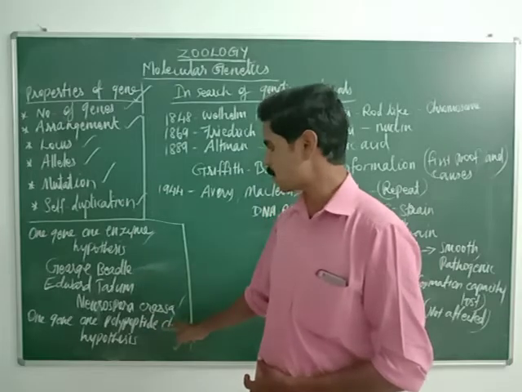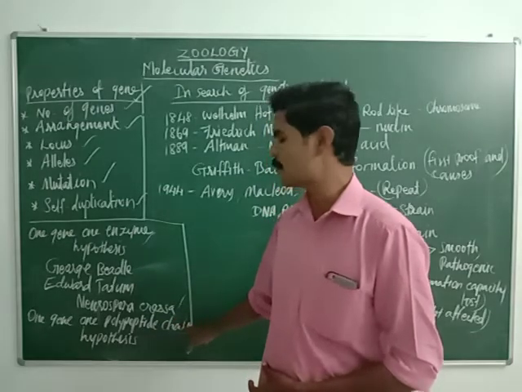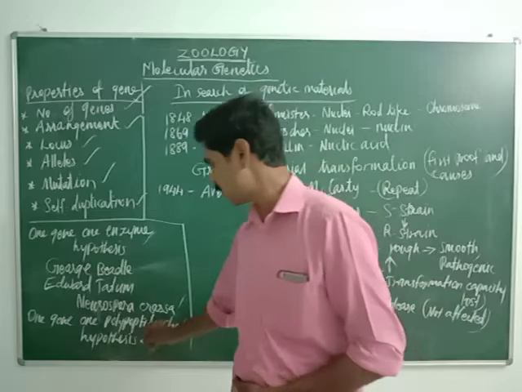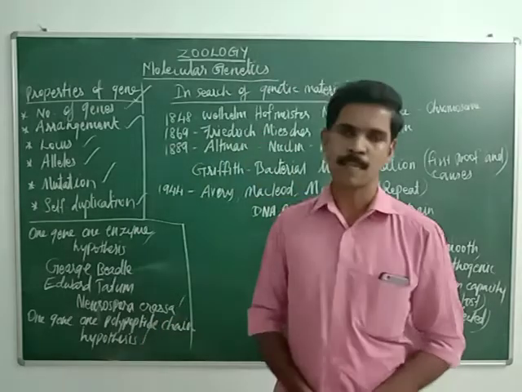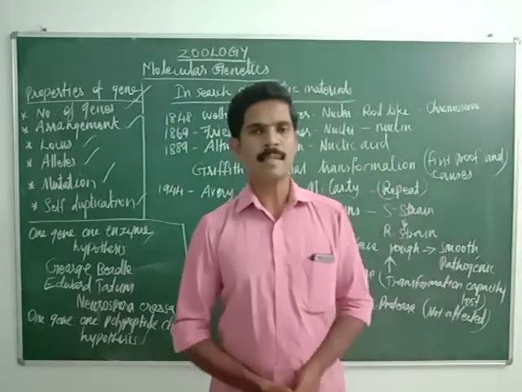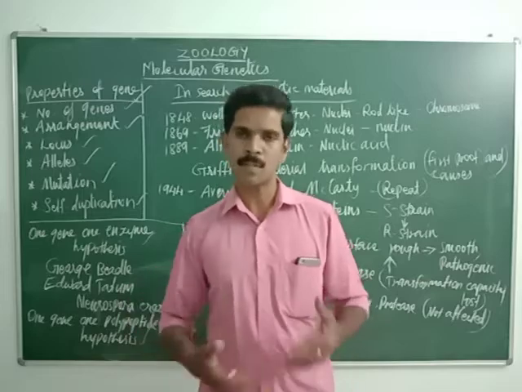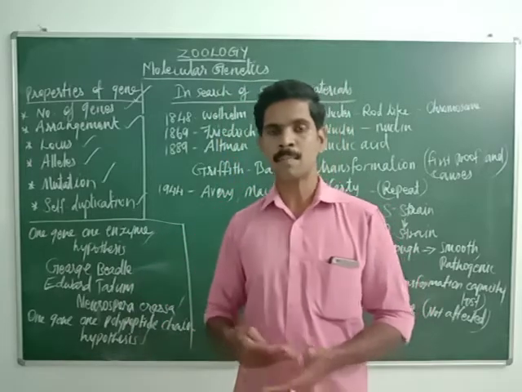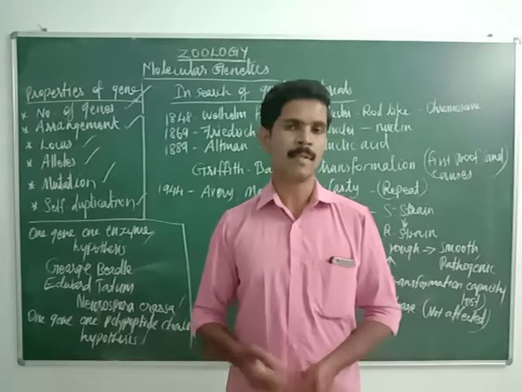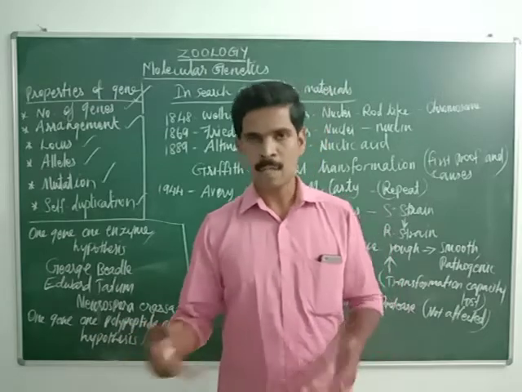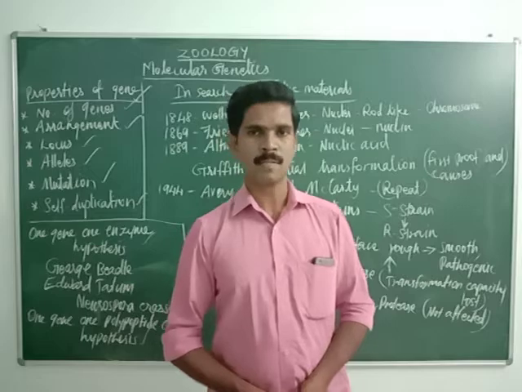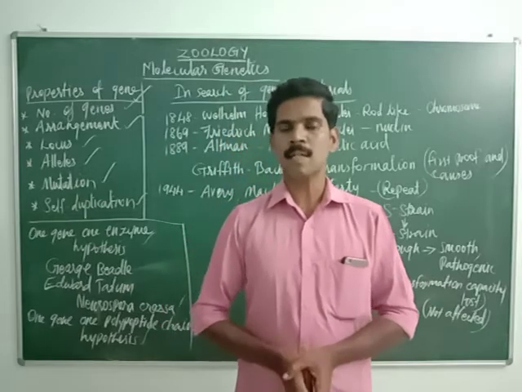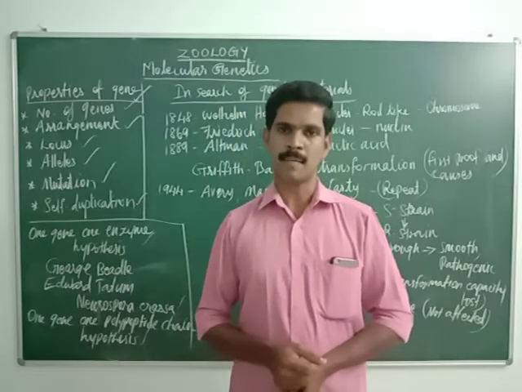The second 2-mark question is the one gene, one polypeptide chain hypothesis. Here, each and every enzyme molecule is made up of a particular number of polypeptide chains. Some enzyme molecules may be made up of 2 or 4 polypeptide chains. Some may be made up of more than 10 polypeptide chains. So each and every enzyme is made up of polypeptide chains.